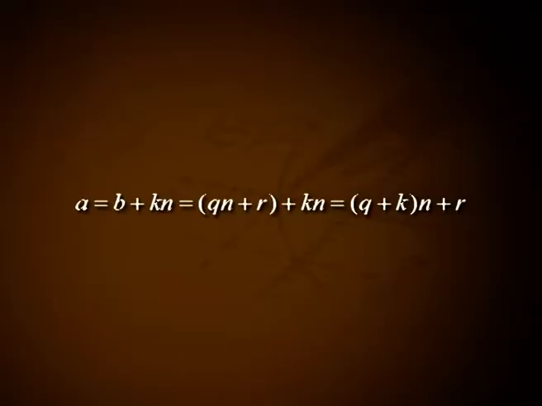Upon division by n, b leaves a certain remainder r, that is, b is equal to qn plus r, where 0 is less than or equal to r, which is less than n. Therefore, a is equal to b plus kn, which is equal to qn plus r plus kn, which is equal to q plus k, times n, plus r, which indicates that a has the same remainder as b.